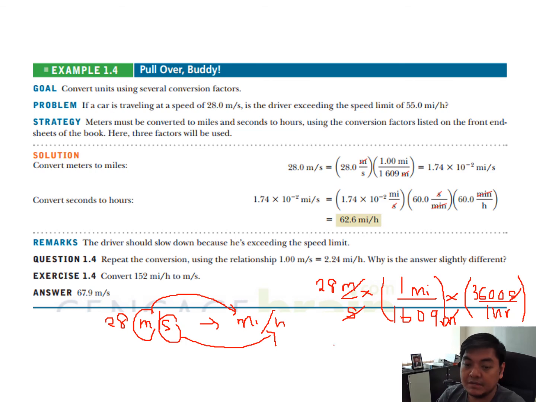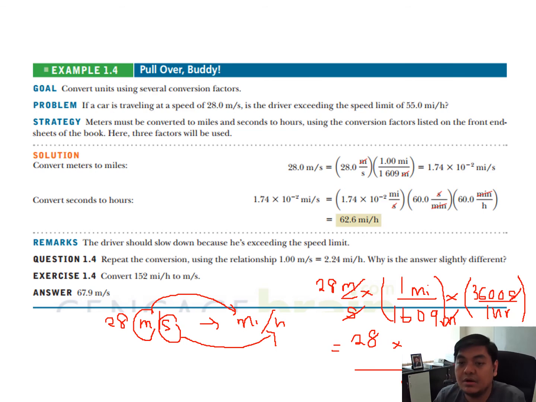So therefore the final answer is given by 28 times 1 mile times 3600 divided by 1609 times 1 hour. So you should write it down like this.